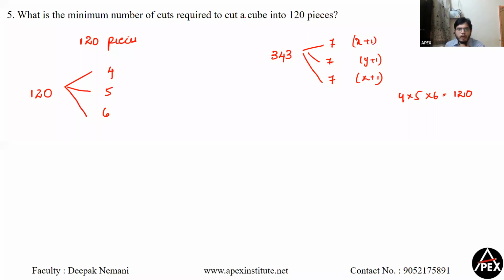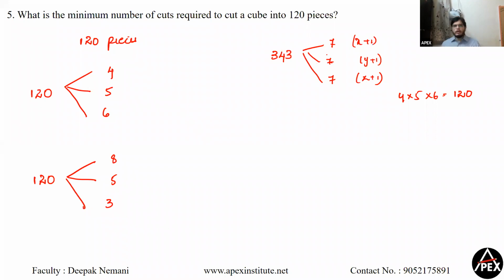Do we have any other triplet? 8, 5, 3. Yeah, okay, we will also consider this. 120 is 8 into 5 into 3. I'm taking these two cases.